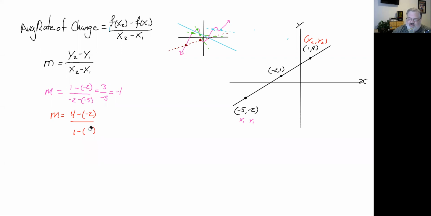That felt wrong. Ever have that happen where it just feels wrong? Minus -5. Okay, that's better. So then that'll be 6 over 6. Oh, duh. That was a +3. This is a +1. Obviously, this line is going upward, right? So that should have been a +1 slope.